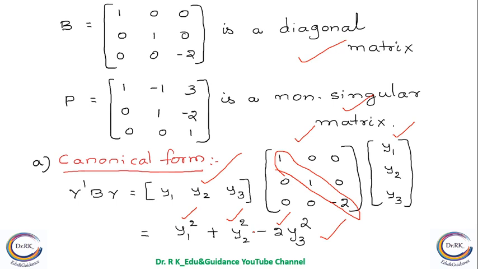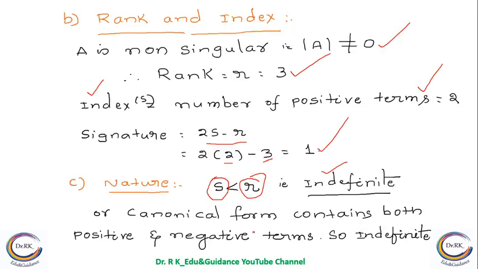Suppose any one of these terms is missing, then negative semi-definite. So in this case, what we observed is a combination of positive square terms as well as negative ones. That means it is indefinite. So it is an indefinite form.